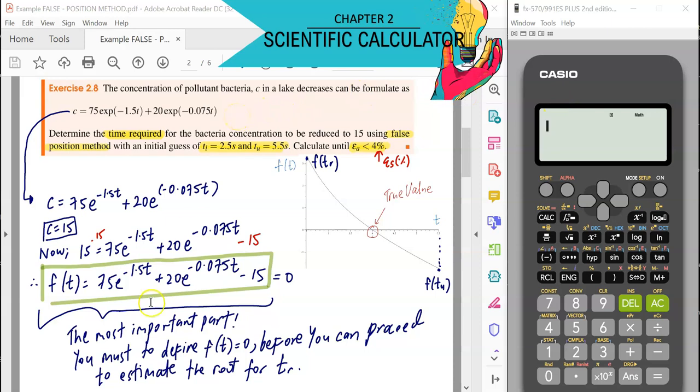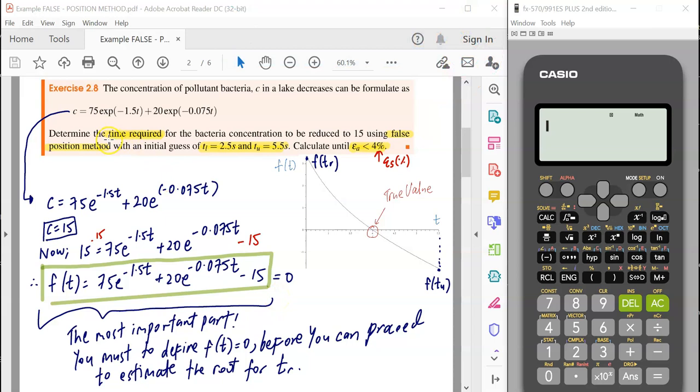Okay, so I will share with you how to press your scientific calculator in order to calculate our solution. As I told you, the first step, you must have your function equal to 0. Since in this problem we want to estimate time, our root calculation is variable t. So you must have f(t) equal to 0. From the given equation here, you substitute the value for concentration, and then you minus both sides in order to get equal to 0.